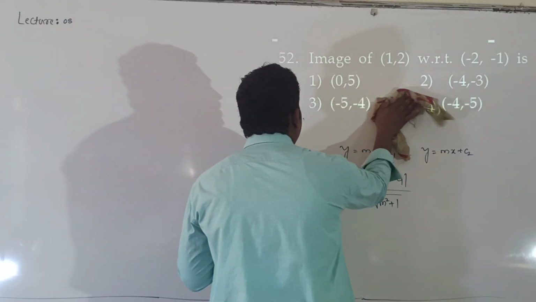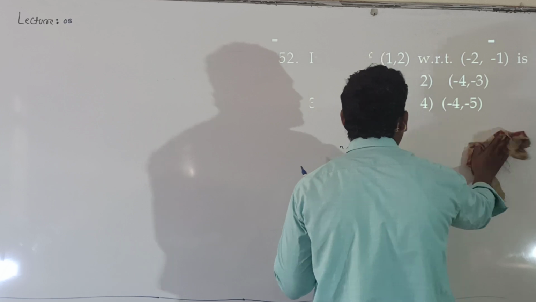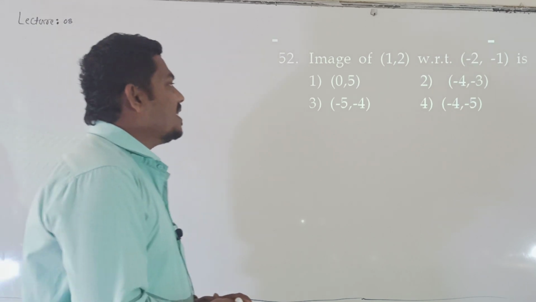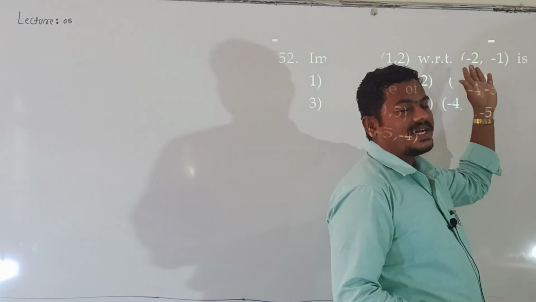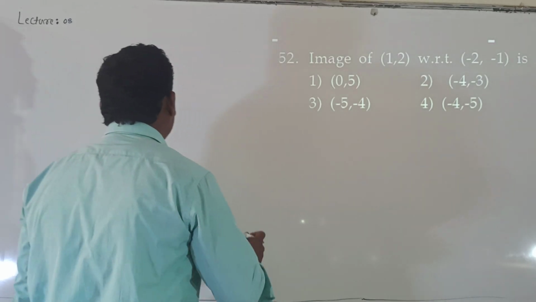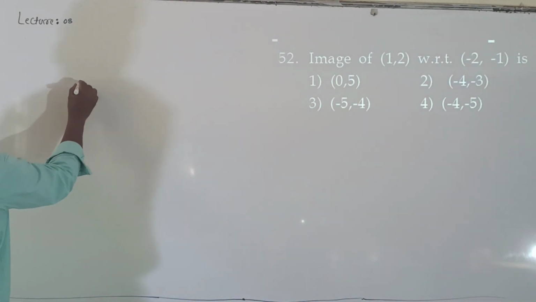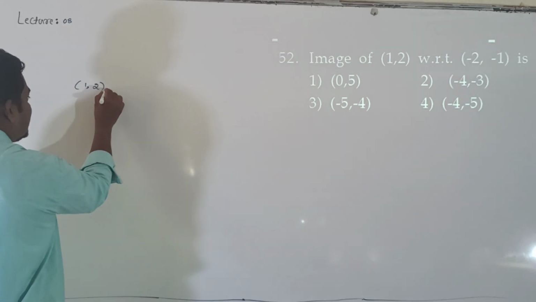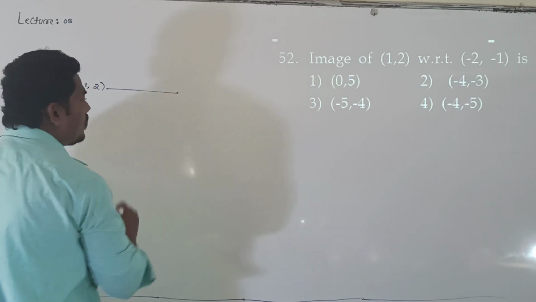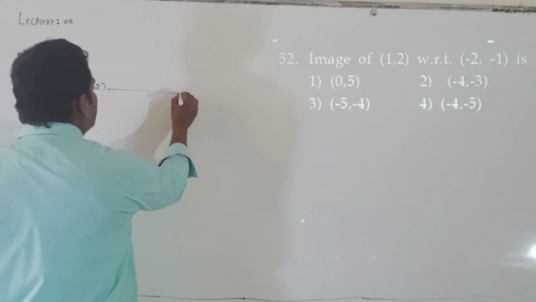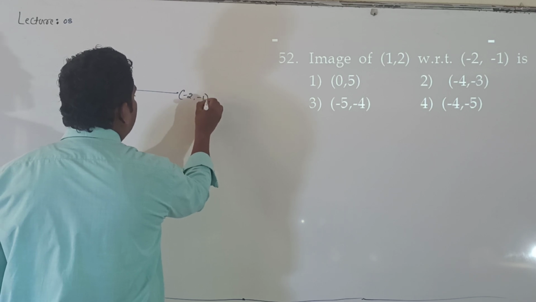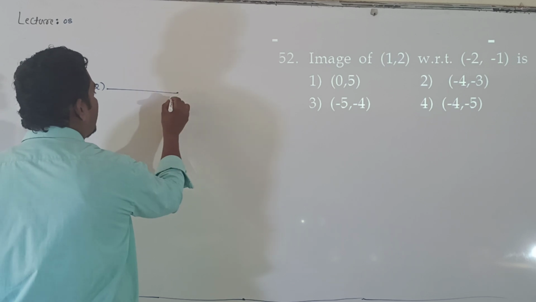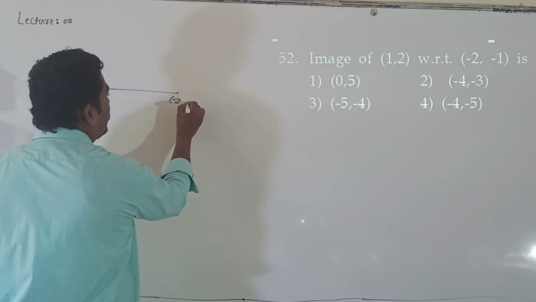Image of 1 comma 2 with respect to minus 2 comma minus 1, right? Image of this point with respect to one more point. 1 comma 2 is the given point. Image of this point with respect to one more point, that is minus 2 comma minus 1.